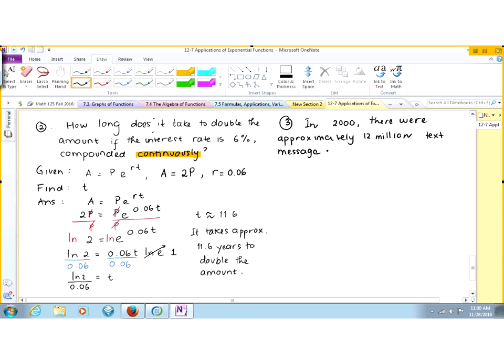So P of t is equal to P naught e to the kt. So this is almost the same as the interest rate. It's just using a different letter.